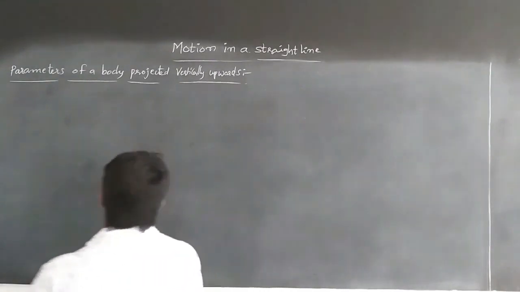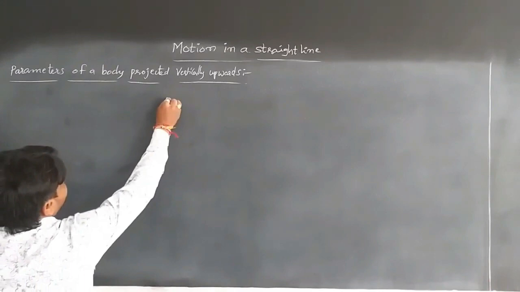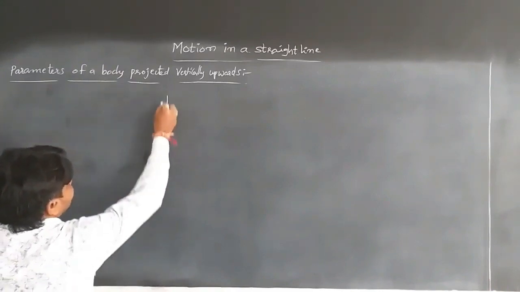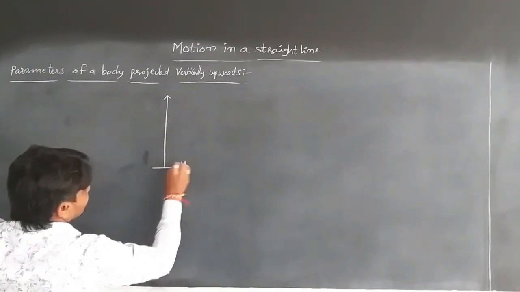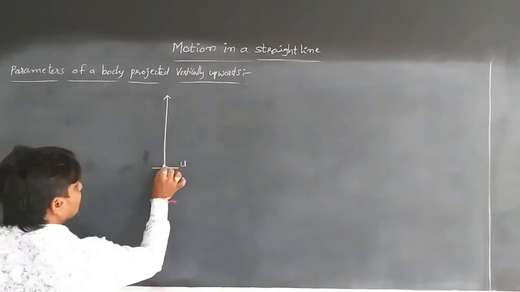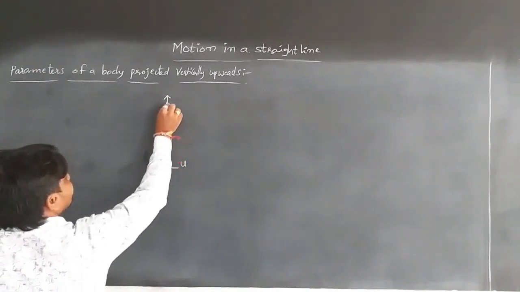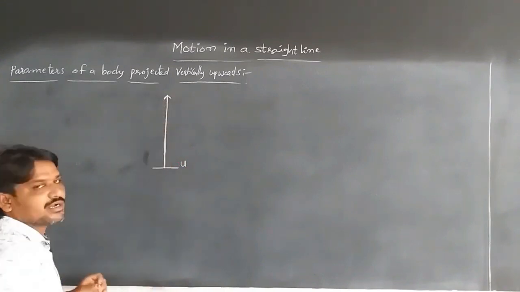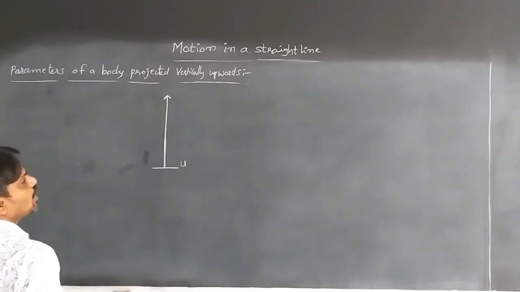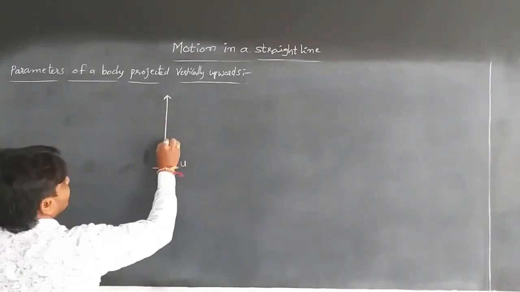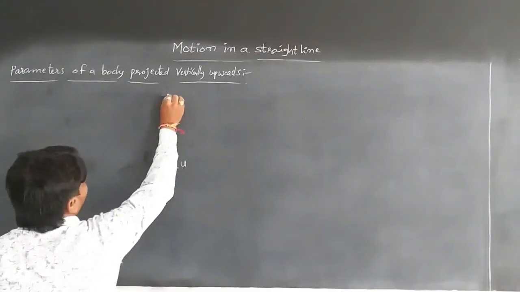When the body is projected vertically upwards with initial velocity u, while it moves upwards its velocity keeps decreasing, meaning it has retardation. The velocity keeps decreasing until it reaches the maximum height.